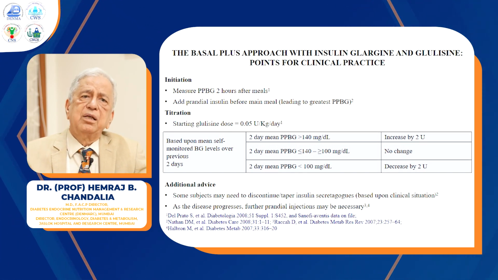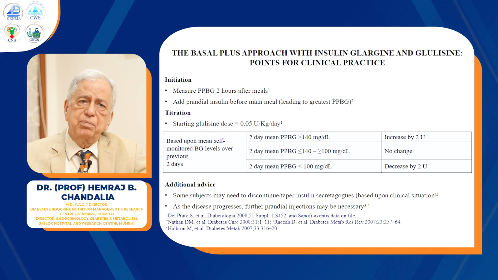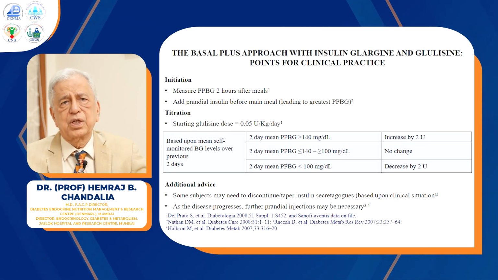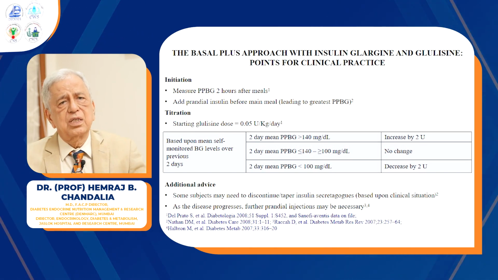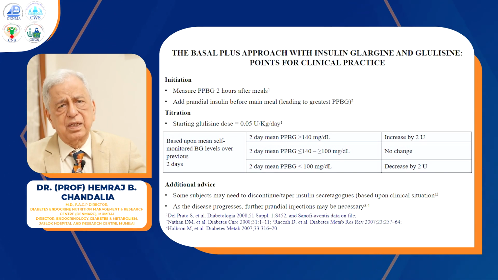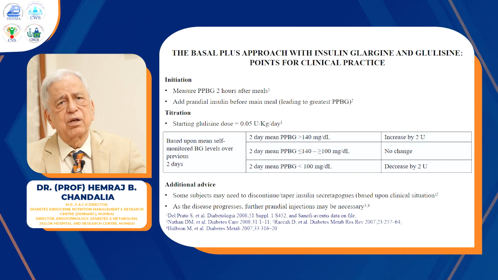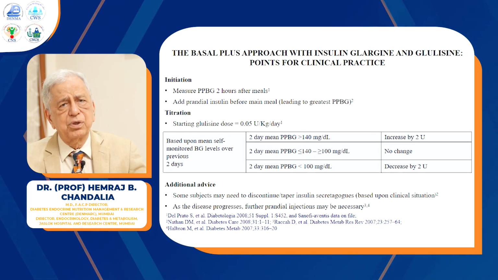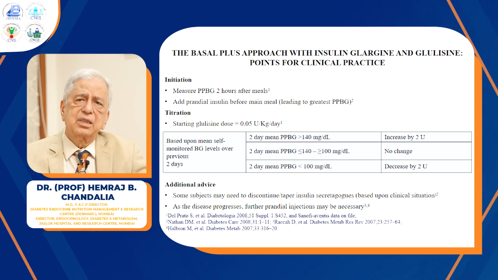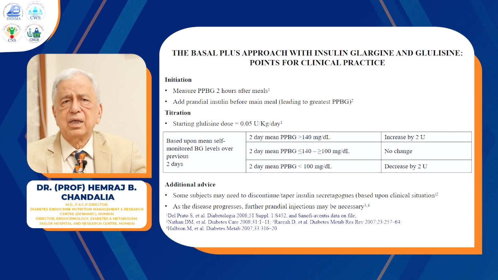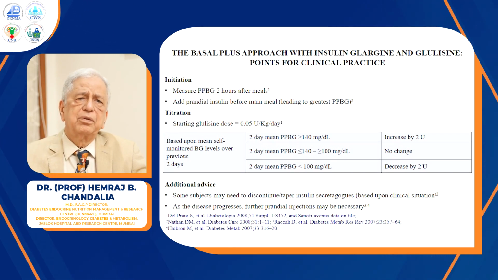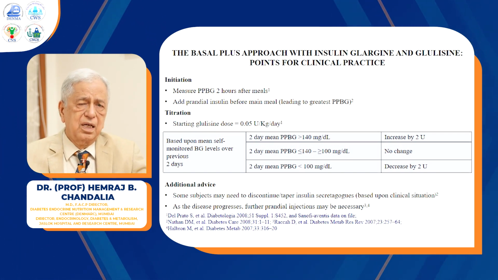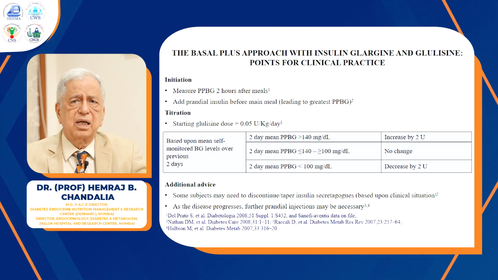It is very important sometimes to teach the patient how to titrate the dose as well. In many studies, this has been done very successfully. The patient is given this simple concept which I stated for you: you start with this dose and increase by 2 units every third day if it is above the target, and you set the targets. Target setting is very important in diabetology.